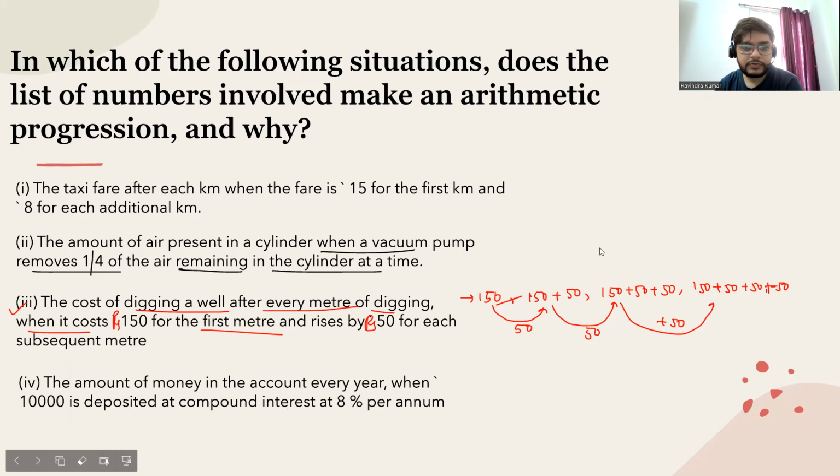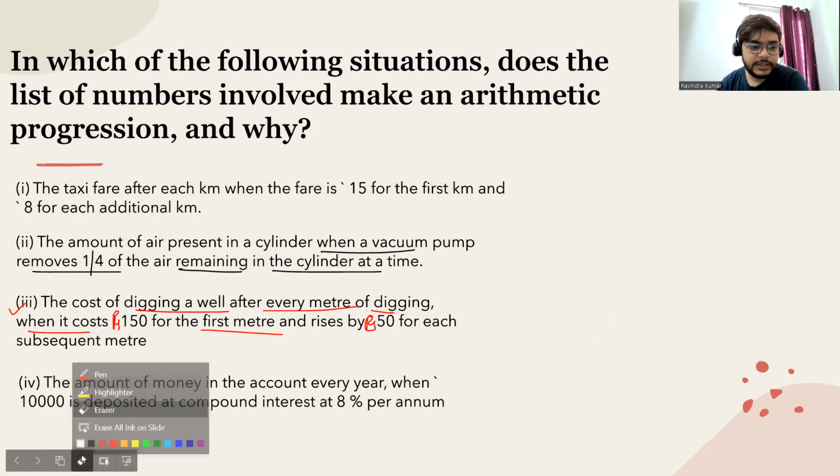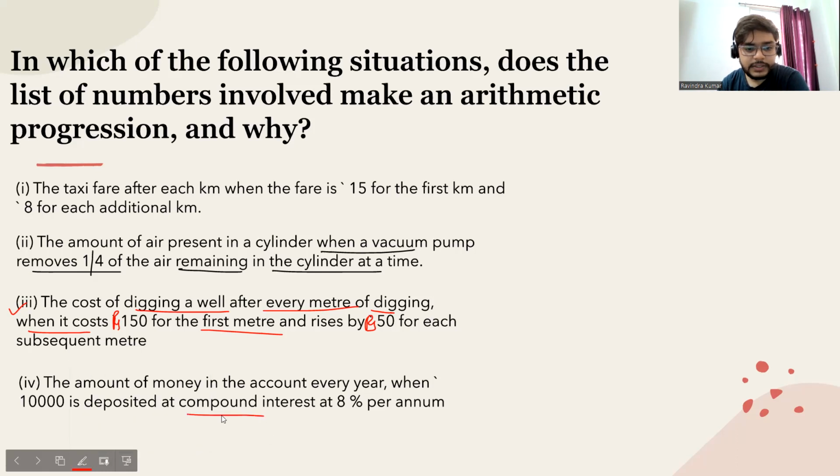Now we are coming to the fourth one, which is saying the amount of money in the account every year when 10,000 is deposited at compound interest at the rate of 8%. So first understand the concept of compound interest, how it is calculated. Let's say we are not taking 10,000, let's say we have 1,000 rupees here, and the interest rate is 10% per annum.